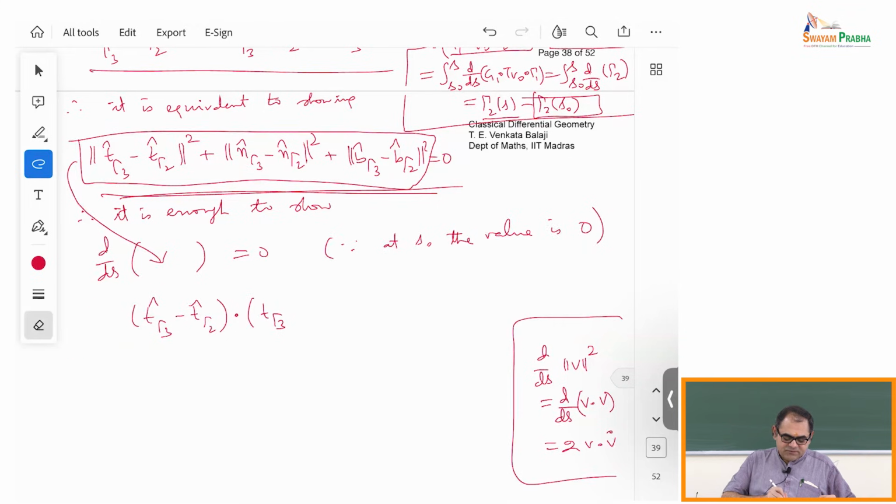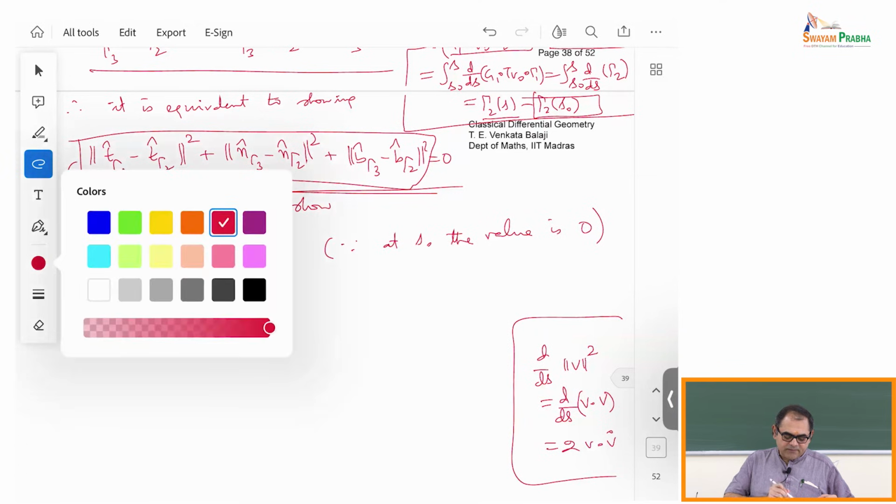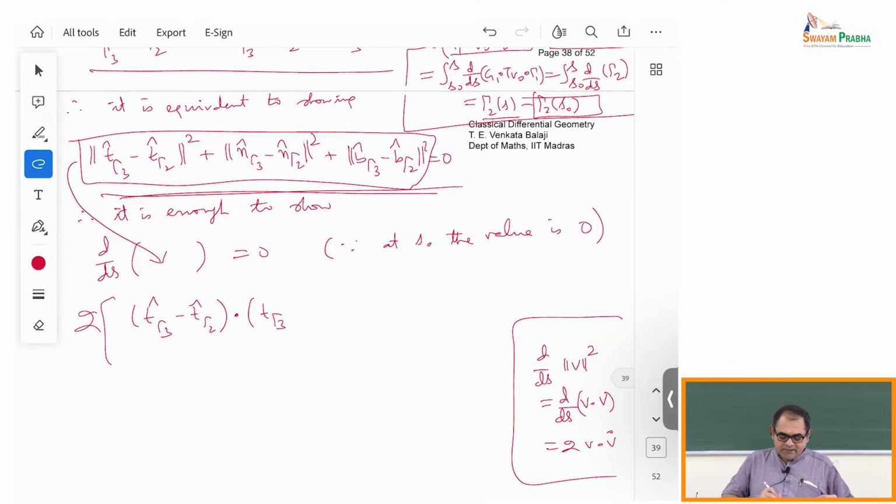So let me directly write it. Let me remove this d by ds, and there is a 2 here which will come out common. I will get v dot its derivative, so I will get t cap gamma 3 minus t cap gamma 2, dot t cap dot gamma 3 minus t cap gamma 2 dot.